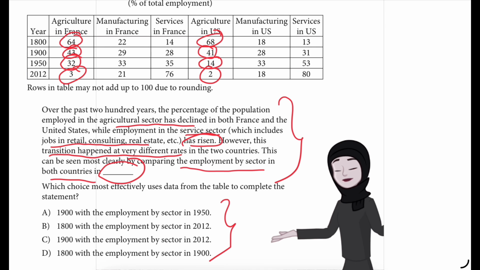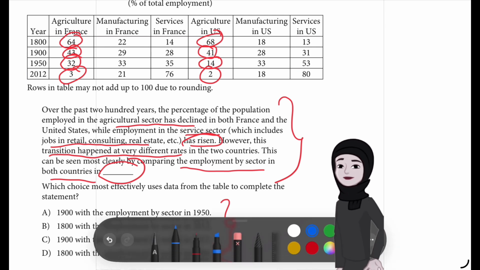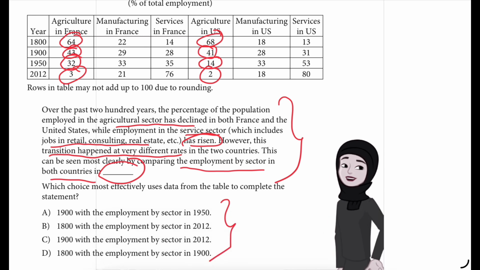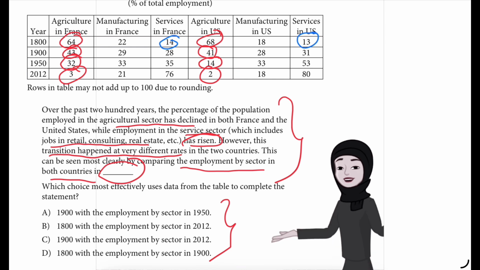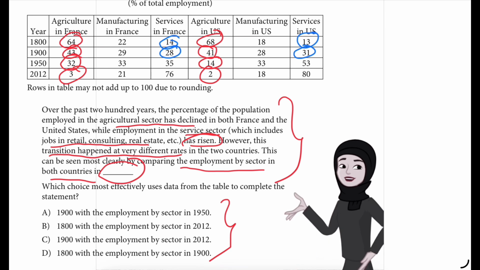Now, I already compared the agriculture in France to agriculture in the US. Now, let us compare the services. In 1800, both France and the US are low, 14% in France and 13% services in the US. And by 1900, very close again, 28% in France and 31% in the US for the services industry.